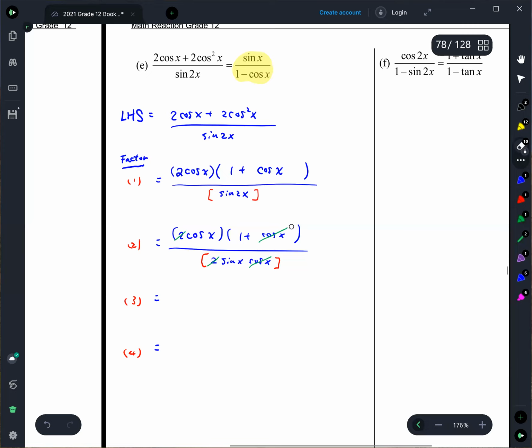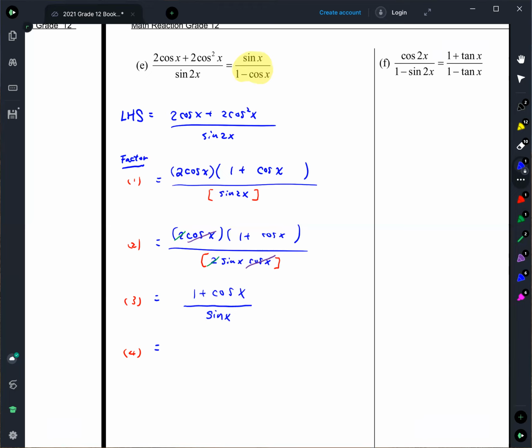Don't cancel the wrong one; you can only cancel what is multiplying. So cosine x cancels with cosine x, and we are left with 1 plus cosine x on top and only sine x in the denominator.